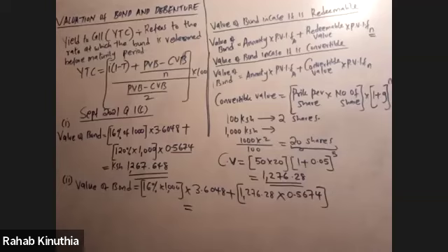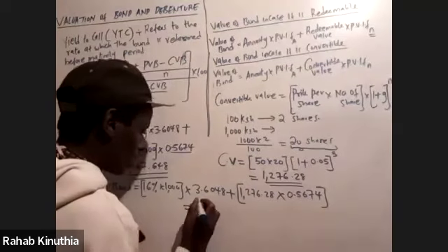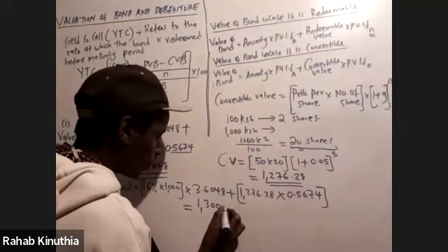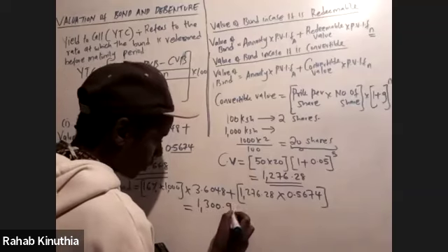So 0.16 times 1,000 times 3.6048 plus 1276.28 times 0.5674. That is 1,300.93.